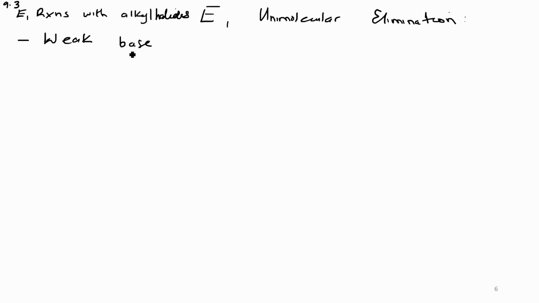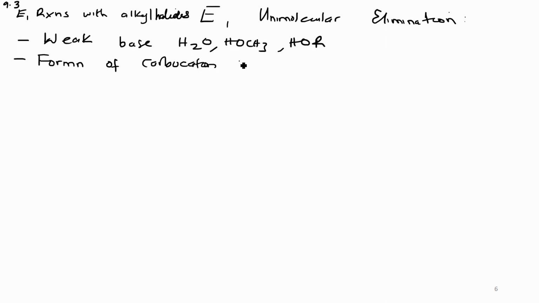Section 9.3. So it's going to need weak bases. Examples of weak bases are generally anything that has OH, like an alcohol. That's a weak base. And then keep in mind there's going to be formation of carbocation intermediates, but instead of attacking with a nucleophile, we're going to remove a beta hydrogen to form the Zaitsev product.